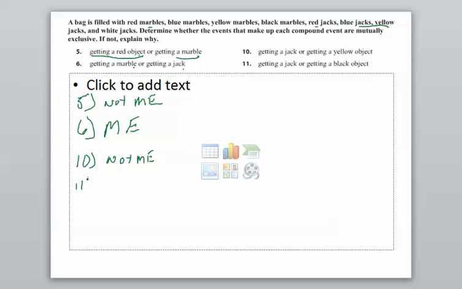And number 11, getting a jack or getting a black object. Well, let's see here. Red, blue, yellow, and black marbles. Red, blue, yellow, and white jacks. See, there are no black jacks, are there? So in that situation, these would be mutually exclusive events.